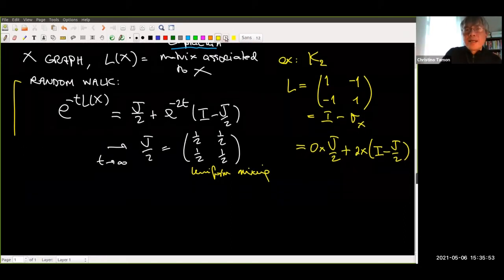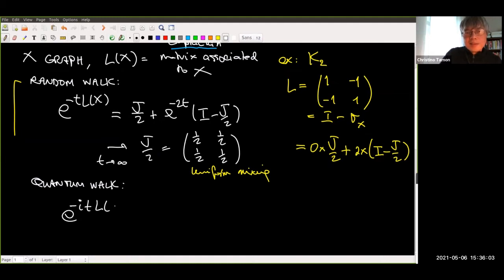Okay, let's go to quantum. There's nothing surprising here. In the quantum case, of course, we're going to introduce the i. Still using the Laplacian, and we're going to do the same business, essentially. Somebody help me here.